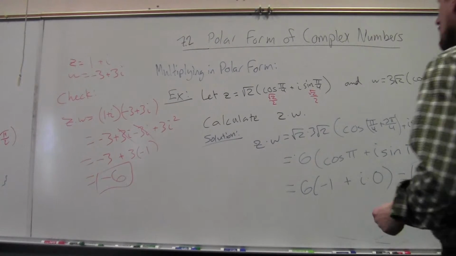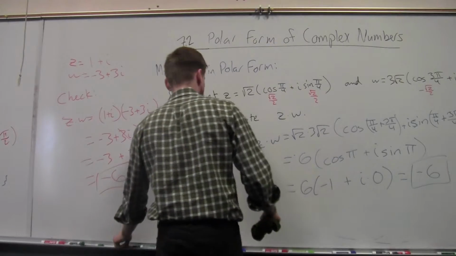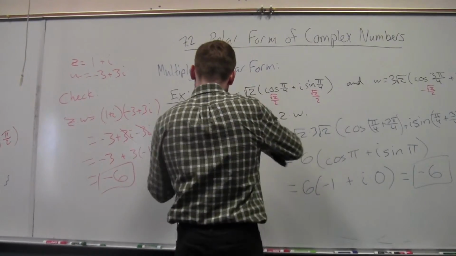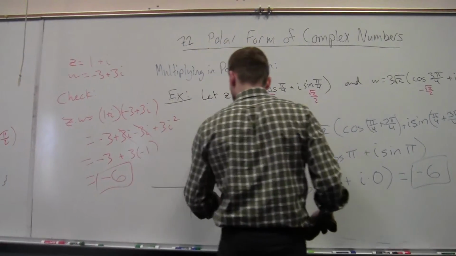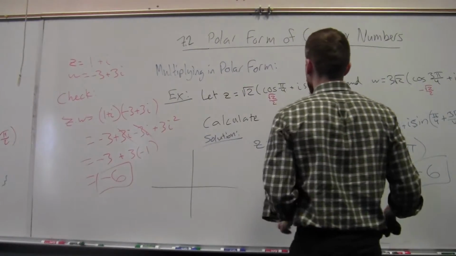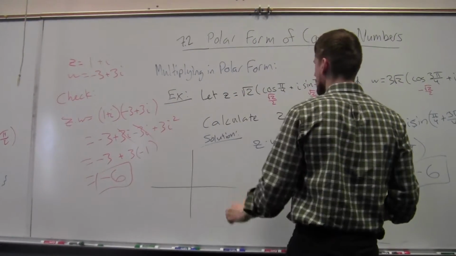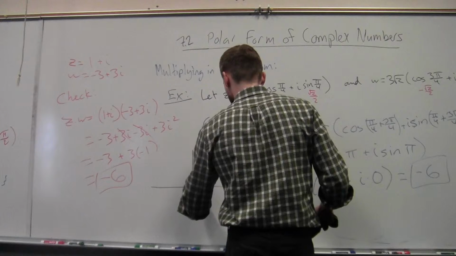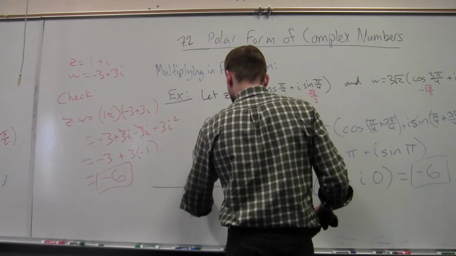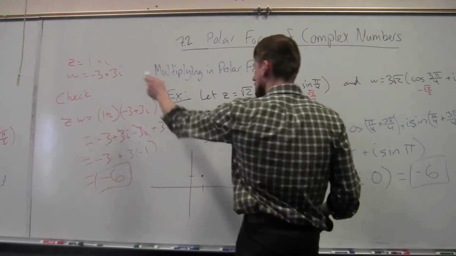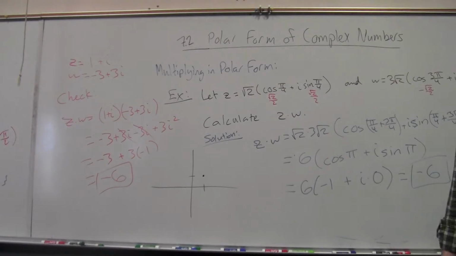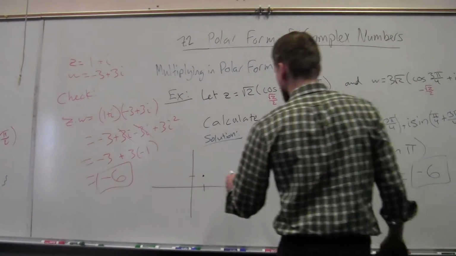So basically, if we were to plot this, I'm going to plot z, plot w. So z is a complex number that's got a distance of root 2 at an angle of pi over 4, and we found that's just the point 1, 1. There's z.